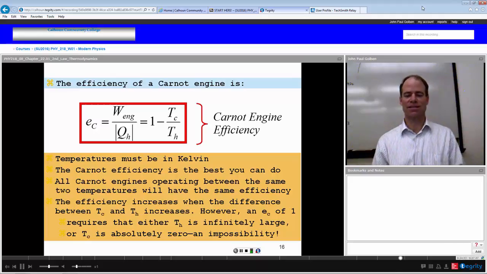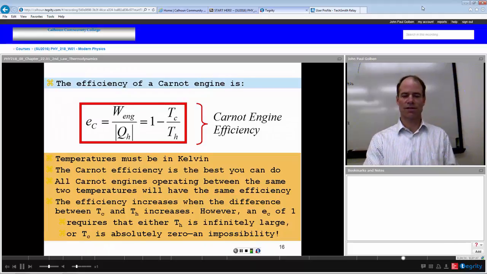Either one of these is impossible. It's impossible to have an infinite hot reservoir, and it's impossible to have an absolute 0 cold reservoir. So 100% efficiency is not possible even with our Carnot engine.